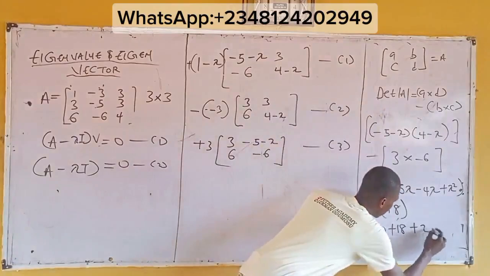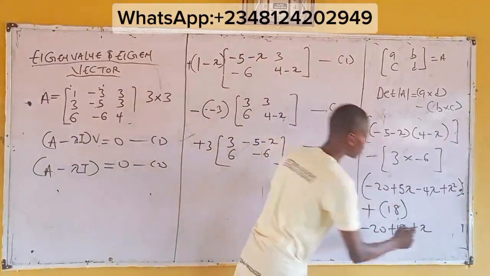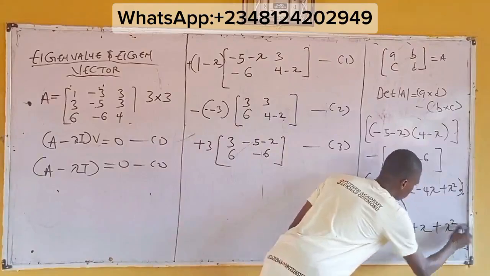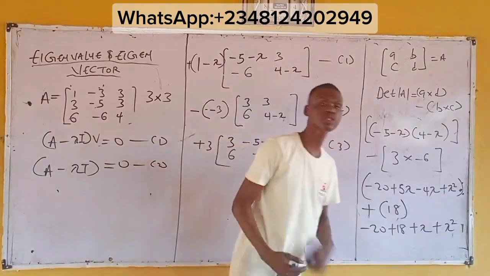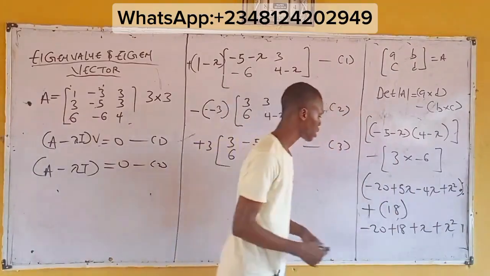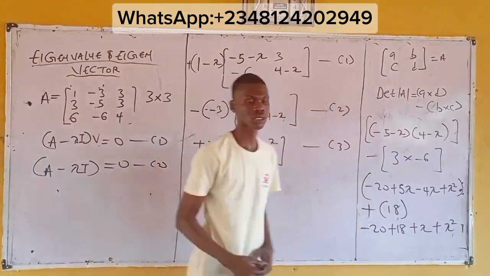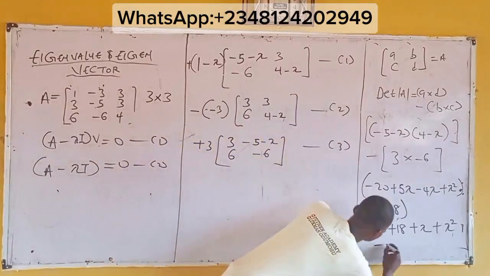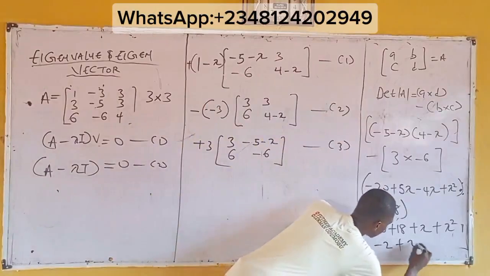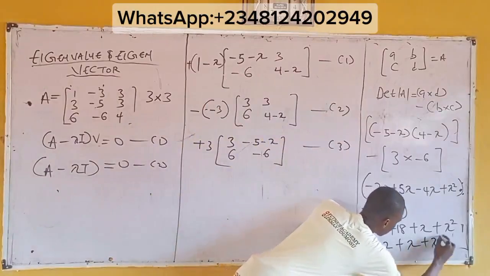Plus lambda, right? Plus lambda squared. From here, let's rearrange this guy. Let's do it together, please. Negative 20 plus 18 is what? Now, minus 2 plus lambda plus lambda squared.